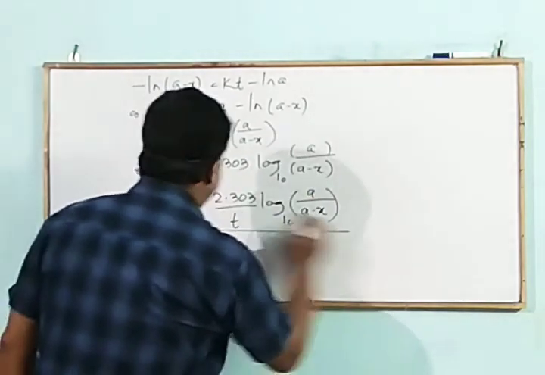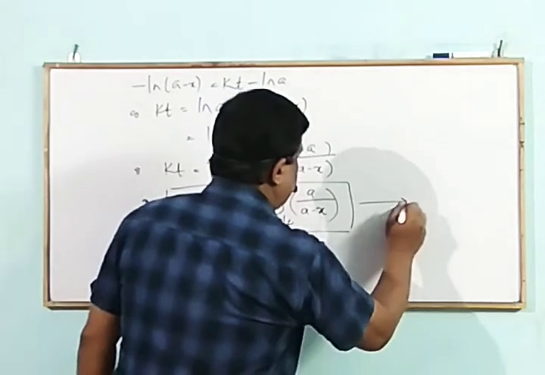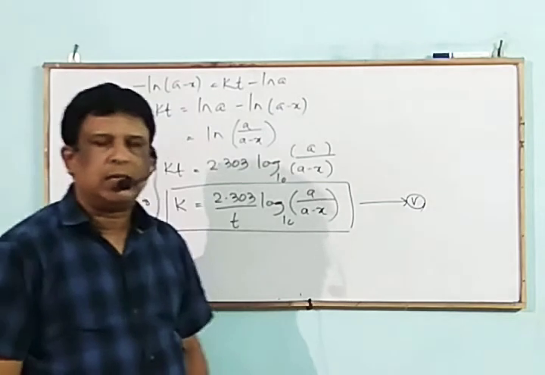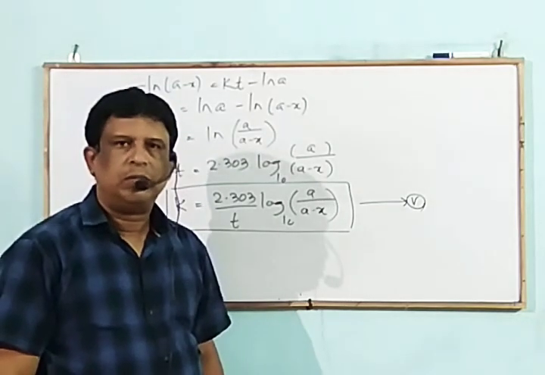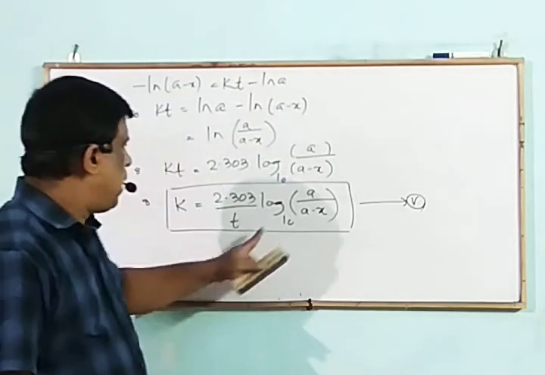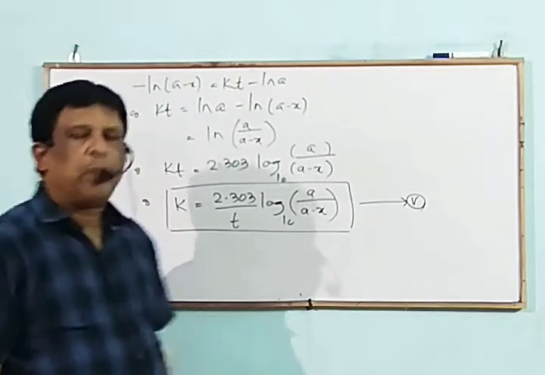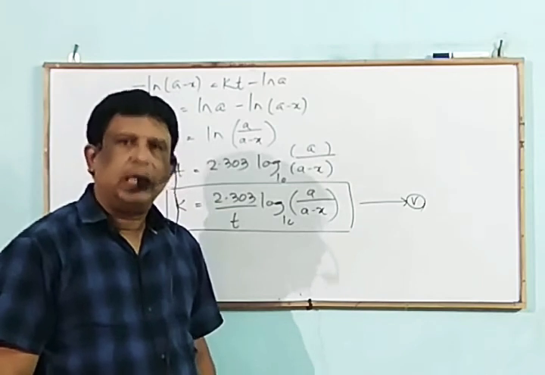This is the required expression for first order kinetics in normal form. Equation 5 is the required expression for first order kinetics in normal form.